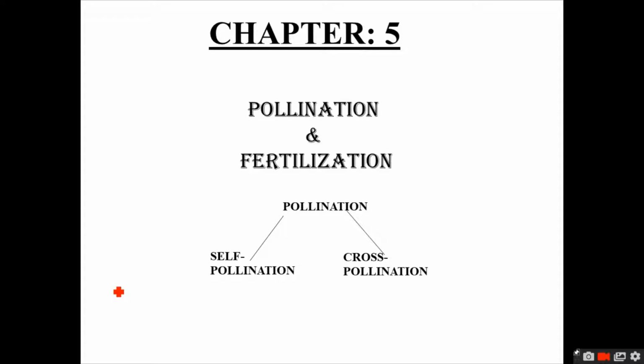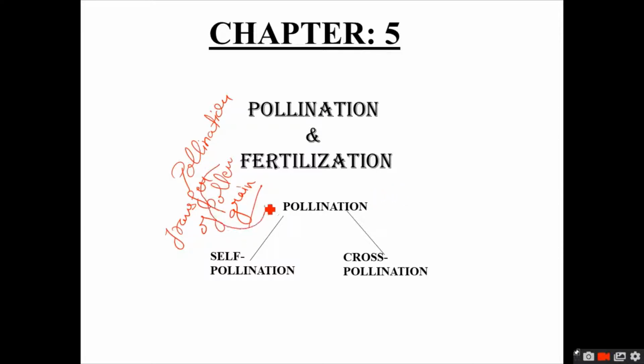So basically pollination is a transfer of pollens, basically pollen grains, from anther to stigma. As in the previous video I discussed, within the anther of the male part of a flower there is a pollen sac, and within the pollen sacs there are pollen grains.